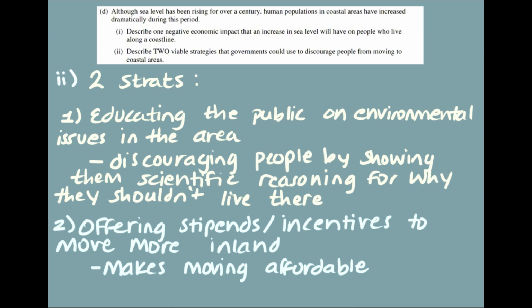Maybe we want to discourage people from being in that area, and impose taxes to support the beach. So if people do want to go to these coastal areas, we're not polluting, or if we are, we're being held accountable. So there's lots of different things that you could put here.